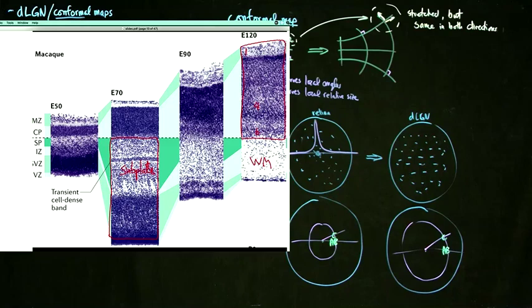actual neurons in the actual cortex form. And they're not just sitting there, they actually get connections. So the lateral geniculate, for instance, grows in and contacts these guys temporarily.